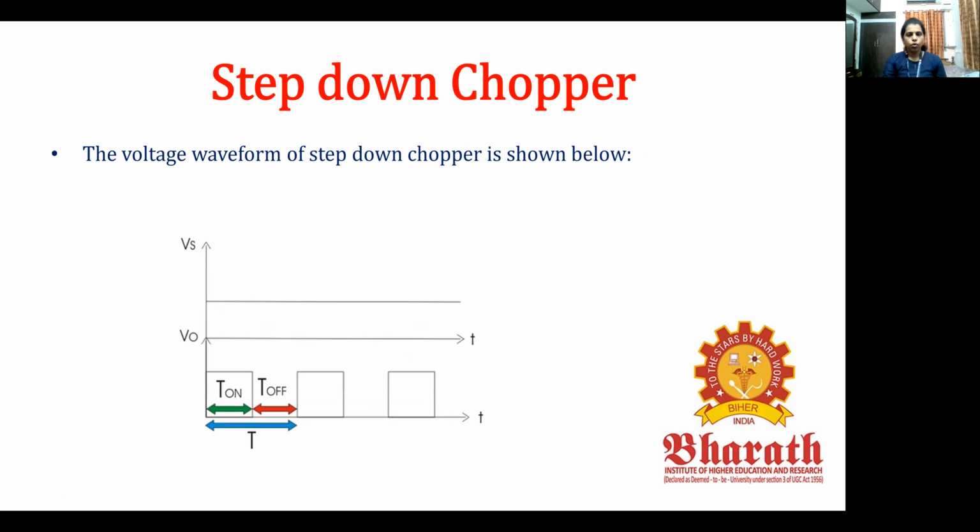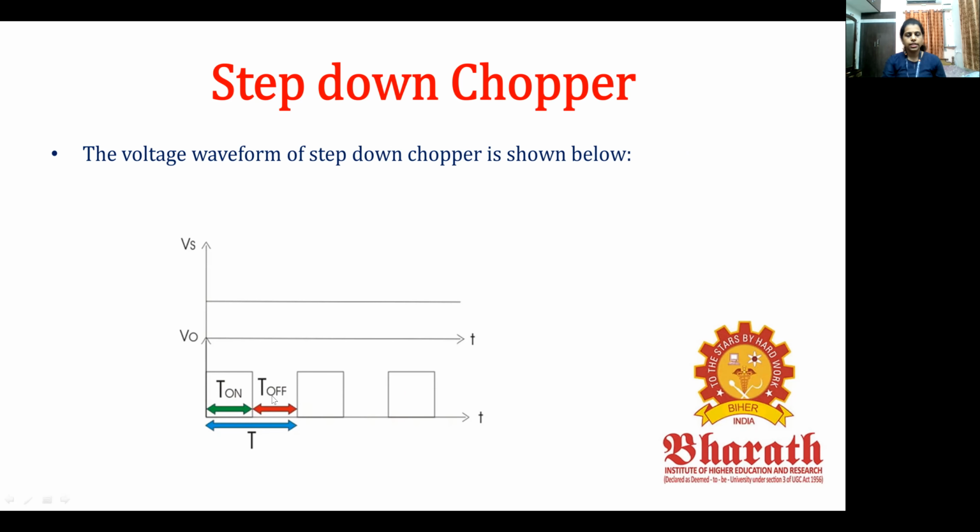Now let us see the voltage waveform of a step down chopper. As I said, this is my source voltage. We have some constant input voltage here, and I am turning the switch on and off. This part is T on and this part is T off.